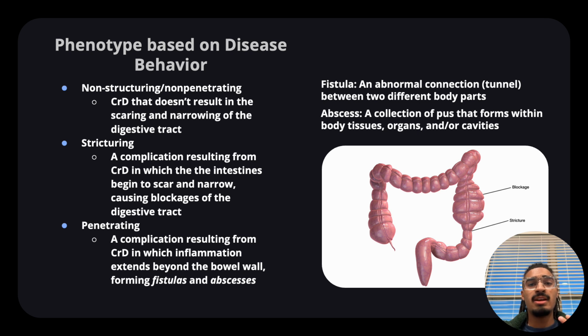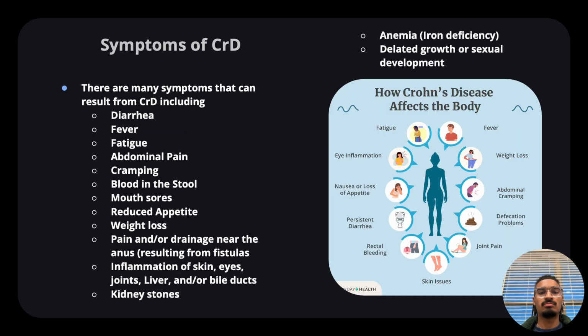So there could be a fistula or a tunnel between the large intestine and the skin, and that would allow fecal matter to be exposed to the outside of your body. And then there are abscesses, which are a collection of pus that forms within body tissues, organs, and cavities, and that can lead to many other complications down the line.